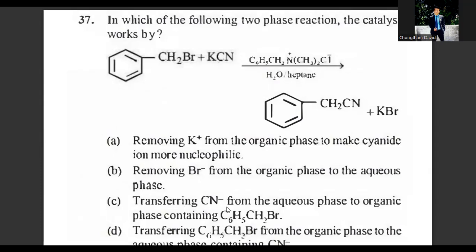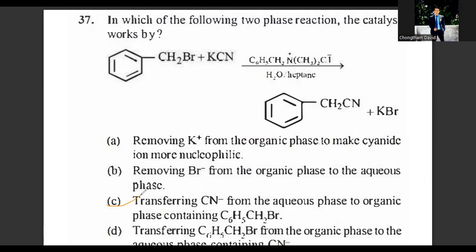Third, transfer of cyanide. Fourth, transfer of this haloalkane from the organic phase to the aqueous phase containing cyanide. So the answer for this question will be transferring of the cyanide from the aqueous phase to the organic phase. So option C will be the correct answer.